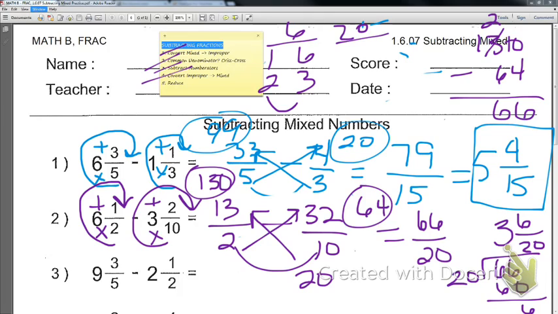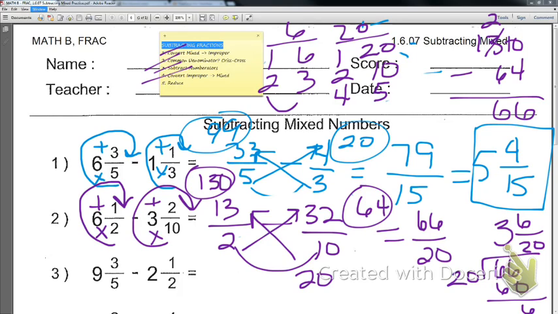Let's try 20. 20 divided by 1 is 20. 20 divided by 2 is, well, what's half of 20? 10. Can you take 20 divided by 3? No. How about divided by 4? Yes, 5, because 4 times 5 is 20. And because there's no numbers between 4 and 5, we're done.